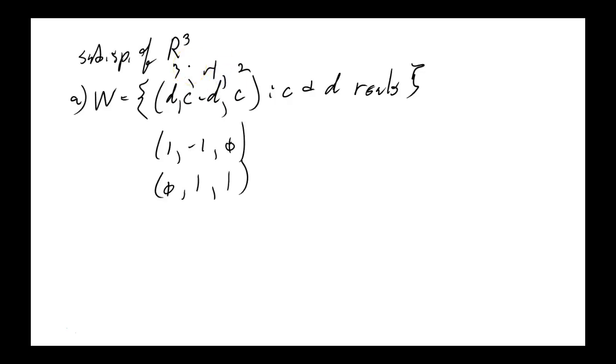Now, that can be made up of a linear combination of these, where 3 times this vector, (3, -3, 0), plus 2 times this vector, and you add them together, that would give you (3, -1, 2). So that is a basis. A subspace could have been up to 3, but this is made up of a basis of just 2.